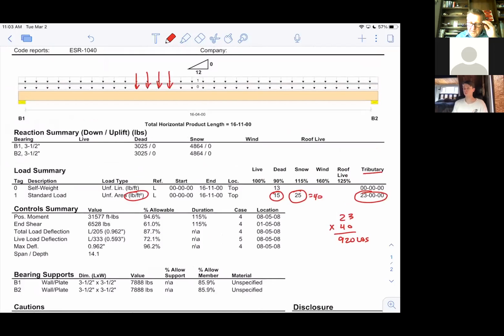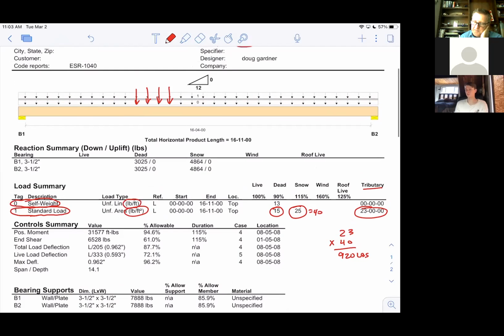And notice that's what in the real language of the industry is the standard load of the roof. But then there's also, it seems kind of weird, but they call it the self weight. In other words, the weight of the beam itself. Notice that's actually in pounds per lineal foot.